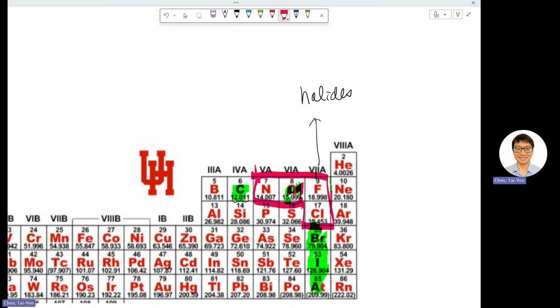But sometimes there's also a very interesting case. NH3. Sometimes structure also matters.